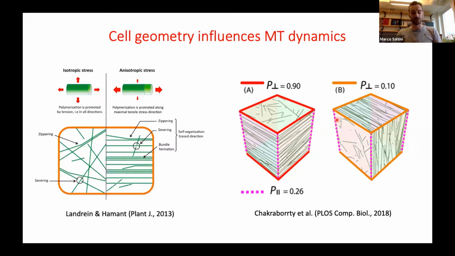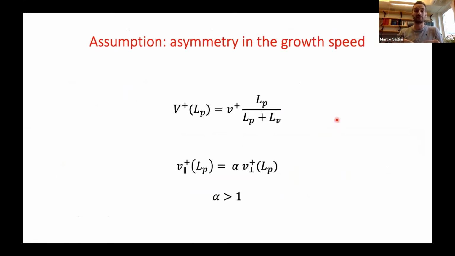So based on these premises, our idea is that since there must be another asymmetry between the longitudinal and the transverse population, we assume that this asymmetry is in the dynamic parameters, in the dynamics of the two different populations. In particular, we hypothesize that longitudinal microtubules grow slightly faster than transverse microtubules.